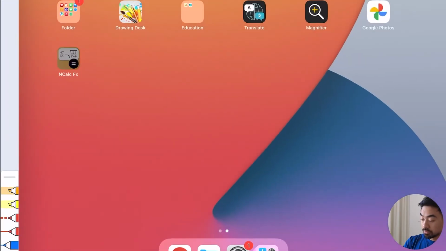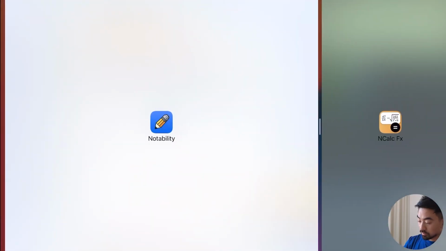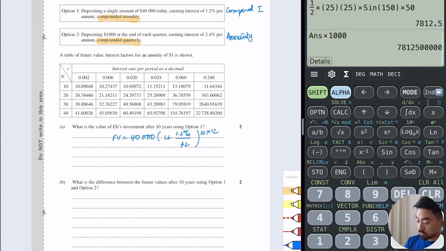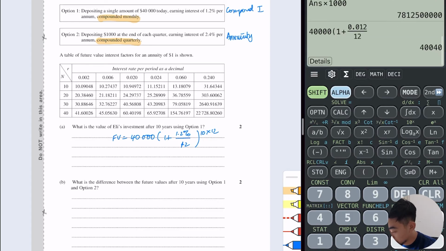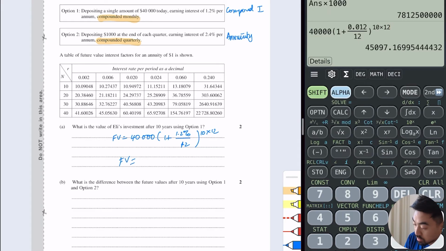So let's have a look. 40,000, 1 plus 1.2. I don't actually know where the percentage sign is here, so let's just change that to 0.012 over 12 to the power of 10 times 12. So our future value is $45,097.17.